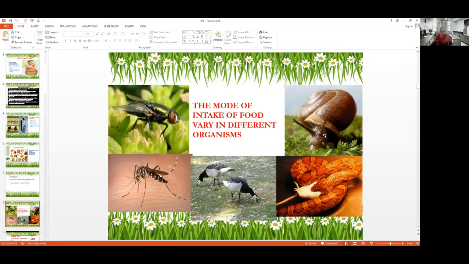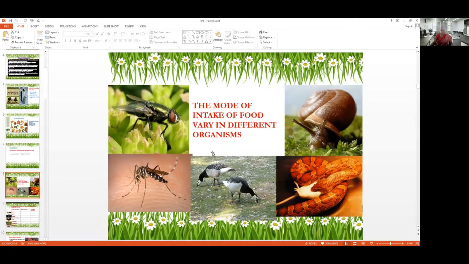How about the snail? It will slowly walk on the leaf and it will eat the leaves and everything. Yes or no? So the mode of intake of food, that process is called ingestion. That we will be seeing in the further classes. Okay. So each organism varies in their eating habit, that is, in their mode of intake of food.